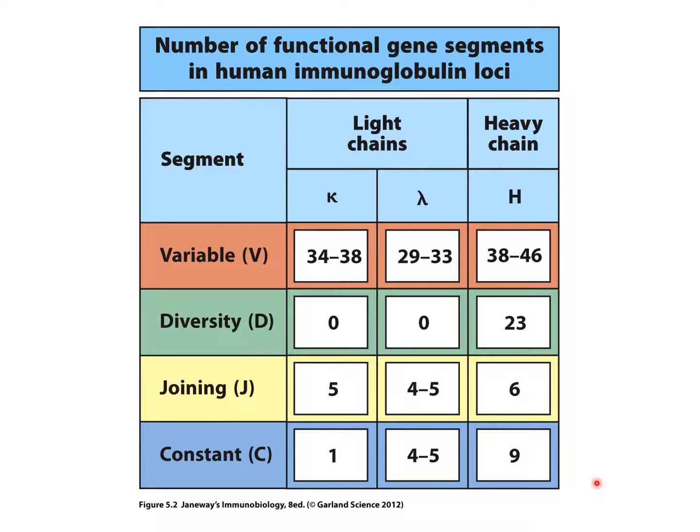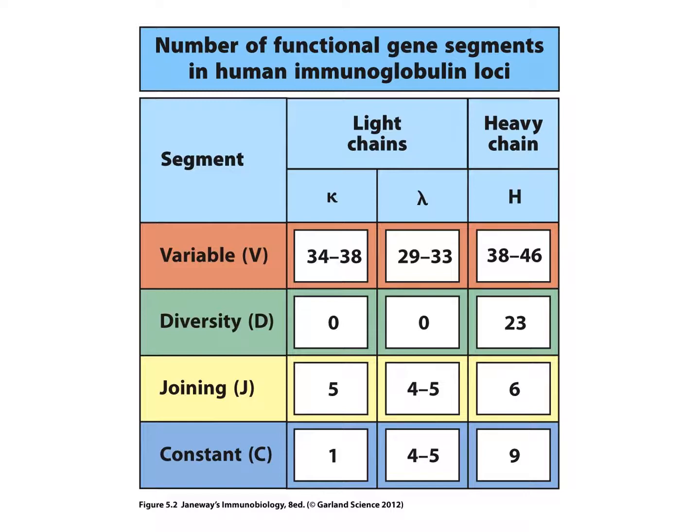Now, not all of these are going to be functional. Okay, doesn't mean there are 46 H variable regions that you can choose from. Some of them, due to mutations over time. You've got to remember, we are collecting mutations. We are passing them down generation to generation. So some of these variants of the V are not going to be workable.